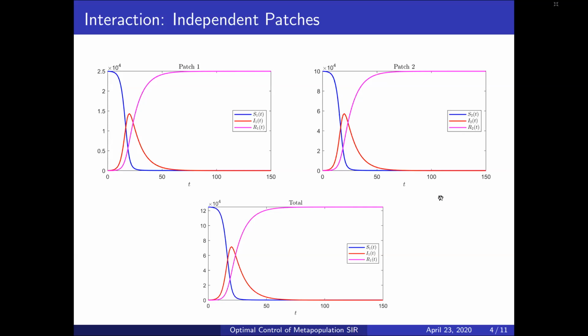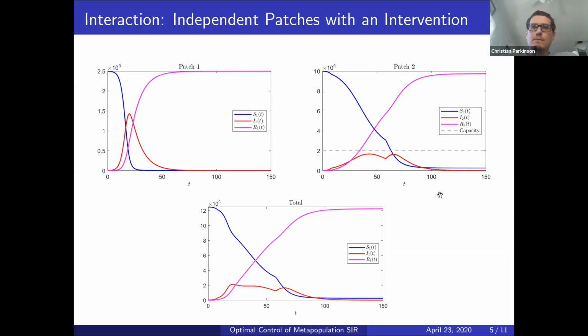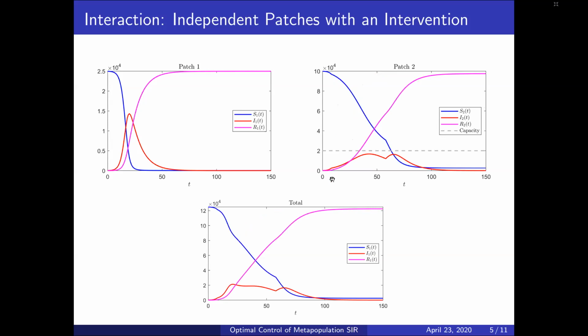And I think everyone has seen enough of these figures to this point. This is just the regular SIR model. So the next situation we look at is we add an intervention, and the intervention kicks in when there are more than 2,000 infected people. It increases the social distancing to reduce the infection rate by 1/3, and we can see the effect of that.